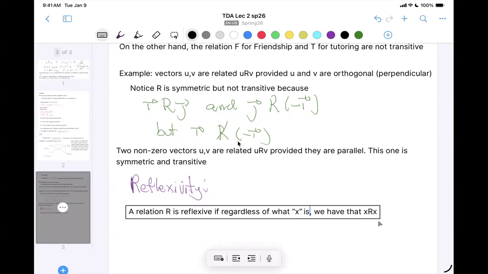Again, I'm trying to write it down. We are quantifying over X. Let me put it a bit more naturally.